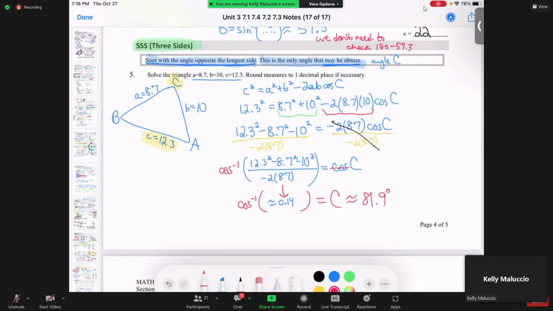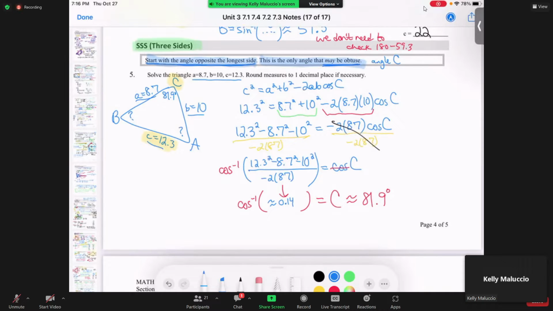Okay, so we only found C. Let me label the triangle. This is gonna help me a lot. So we have all of our sides, right? We just found C, 81.9 degrees, and it's acute. So this is gonna be an acute triangle. We still don't know B or A. So pick one or the other. I'm gonna do the smallest.